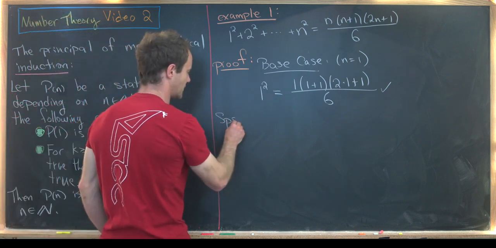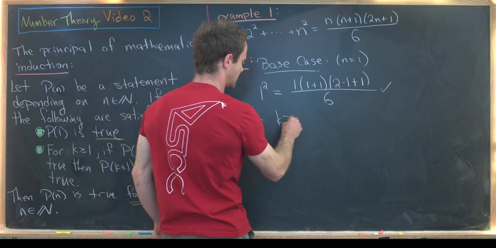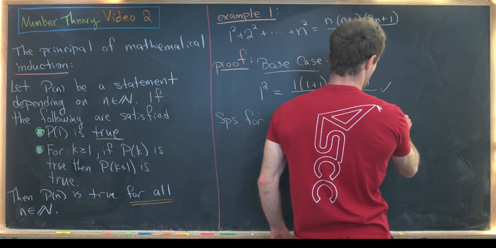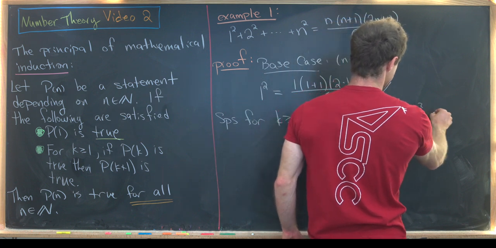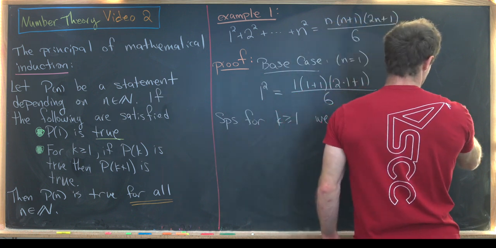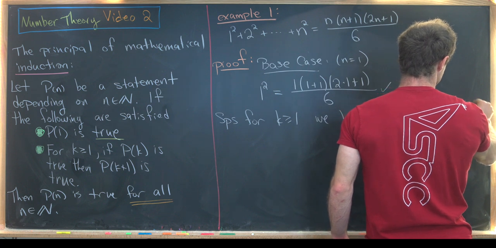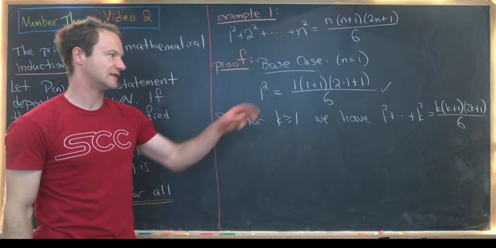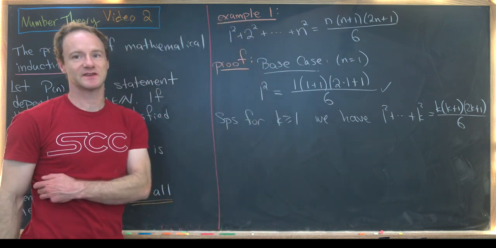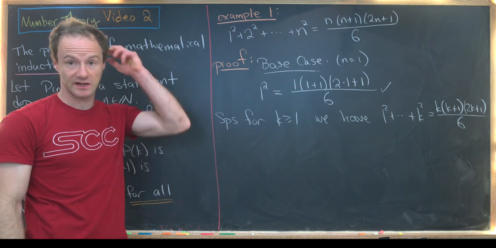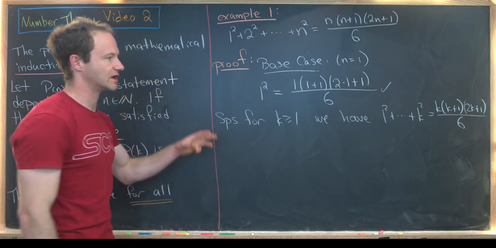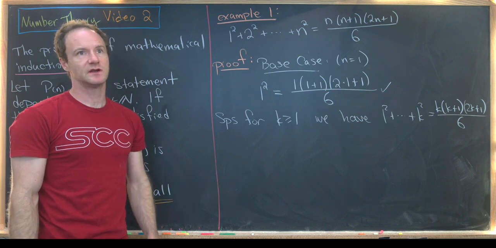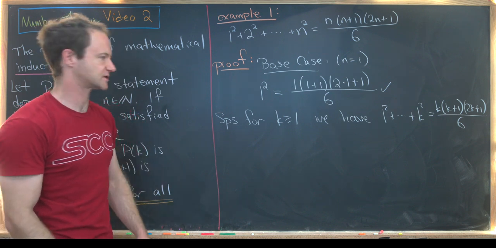So let's suppose for some k bigger than or equal to 1, we have 1 squared plus all the way up to k squared is equal to k times k plus 1 times 2k plus 1 all over 6. Again, that's supposing that the kth statement is true for some arbitrary k. Then next, we want to prove that from this assumption, the k plus first case also holds.